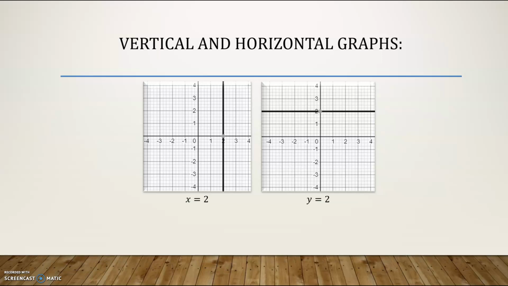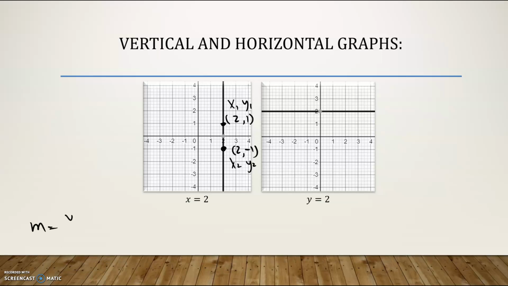Now the reason why the slope is undefined for a vertical line is, say we take this point right here, which is (2, -1), and this point right here, which is (2, 1). We'll say this is x sub 1, y sub 1, and this is x sub 2, y sub 2.